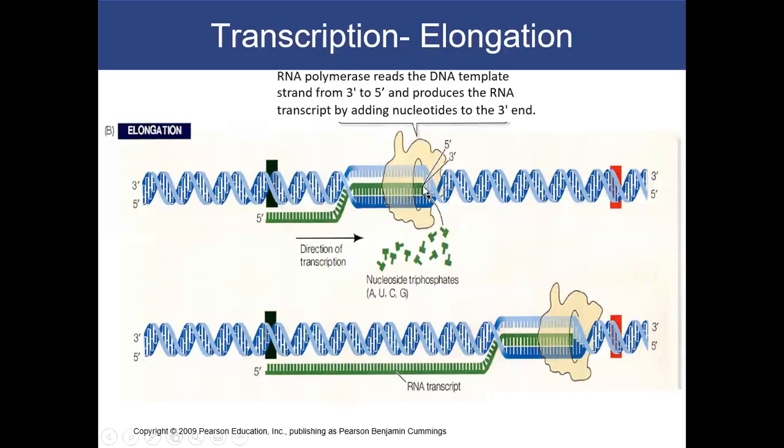As soon as this part is finished transcribing, it moves to another 20 bases, and this part here rewinds, so it doesn't completely split the DNA strand. And as I said before, nucleoside triphosphates are what are used to create the new mRNA strand.